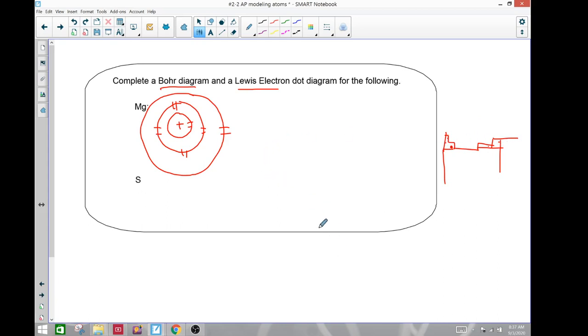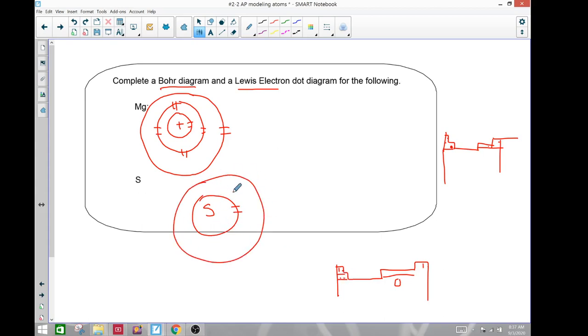All right, so sulfur. Find sulfur on the periodic table. Sulfur is located in the 3rd energy level, so it's right here. So I need to fill in these 2, this one and this one. I need these 2 S's, but that's the next energy level.